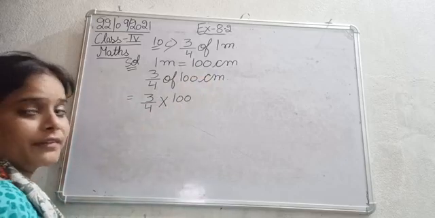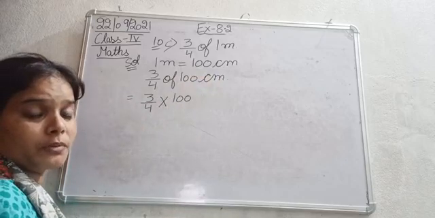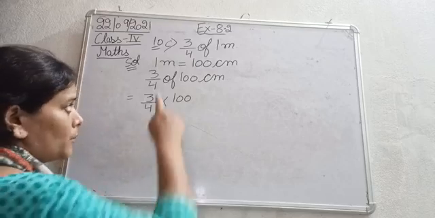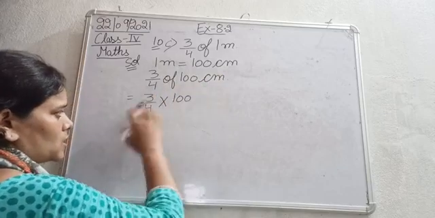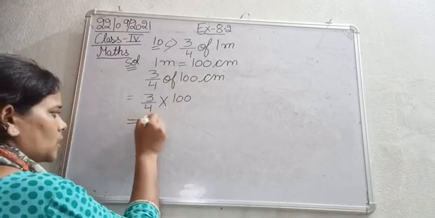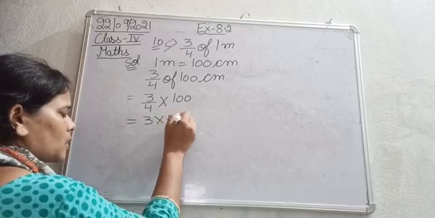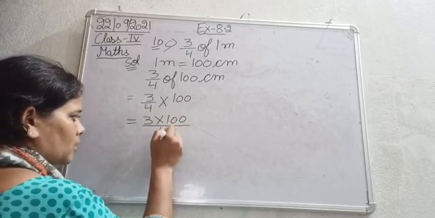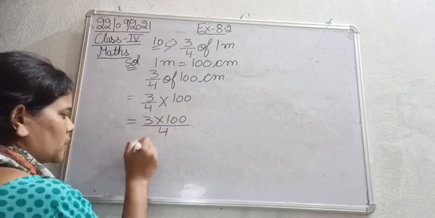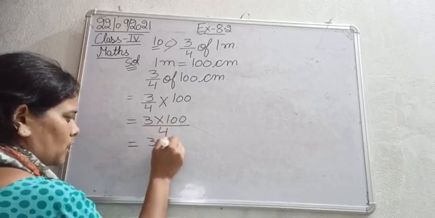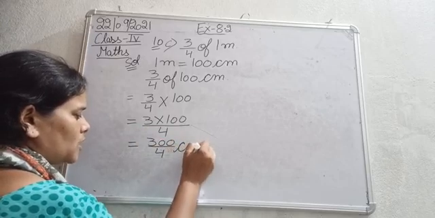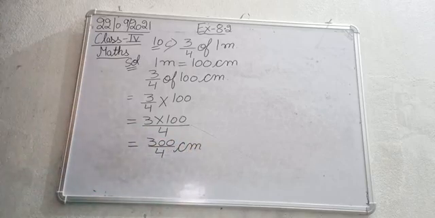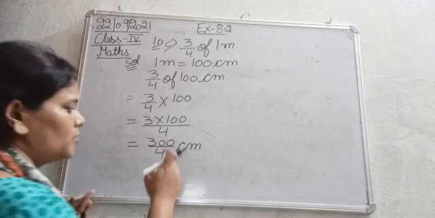Because we have converted the bigger unit to the smaller unit, meter into centimeter. 3/4 of 100 centimeters is 3 into 100 divided by 4, that is 300 divided by 4, and the unit is centimeter.